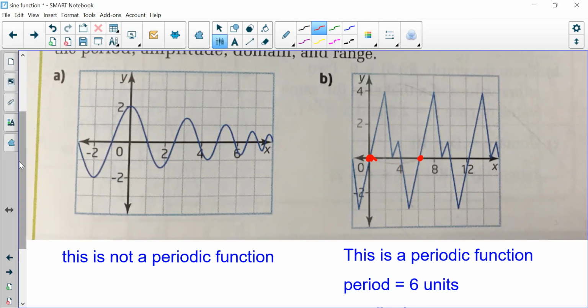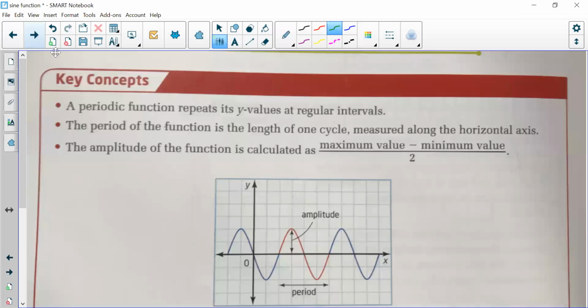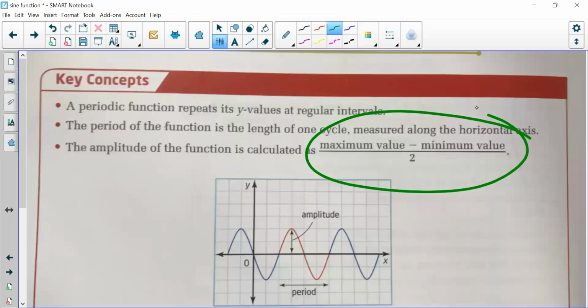Okay, amplitude is half the distance between your maximum and minimum values in the function. So let's look at this graph. What's my maximum value? Okay, and what's my minimum value? -3. Okay, so I'm actually going to give you guys an equation. If you look at the very end of this lesson, this right here is what we're doing.